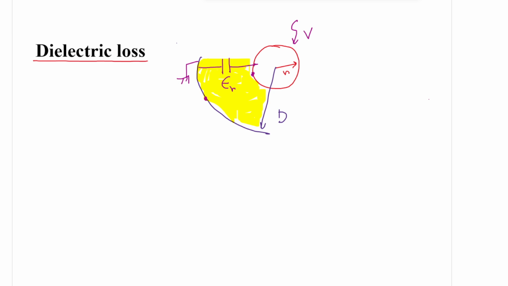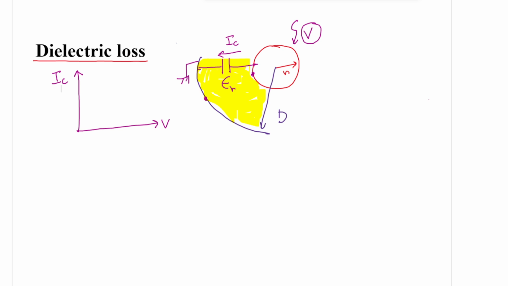Whatever current flows through this capacitor is called the charging current. That charging current should lead the voltage by an angle of 90 degrees. This is the property of capacitance, and this is the ideal case.